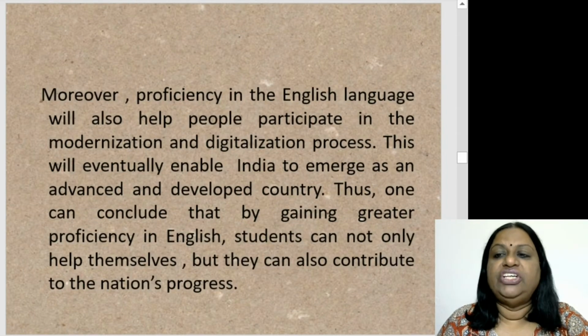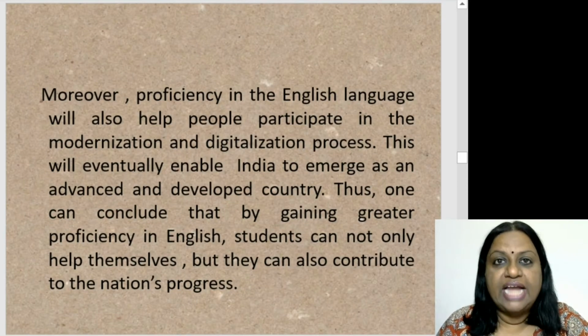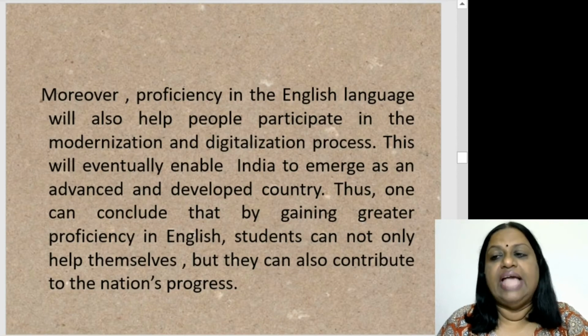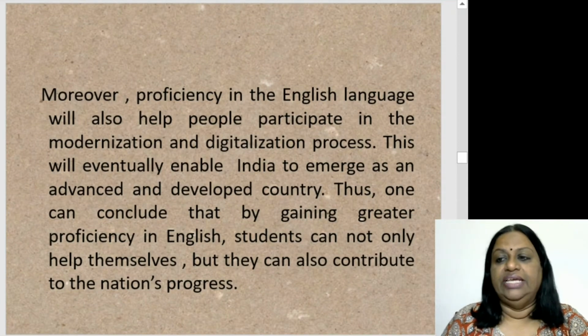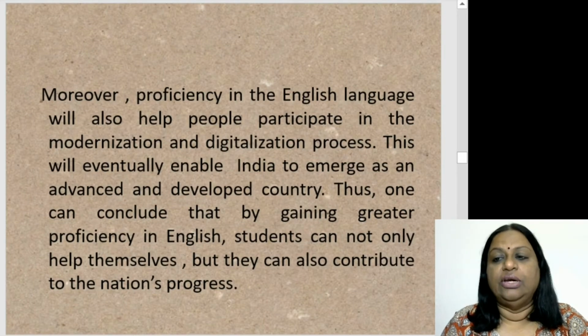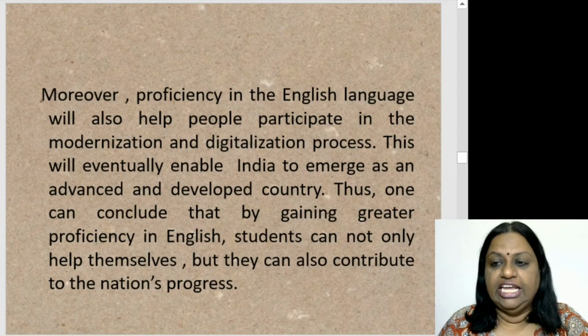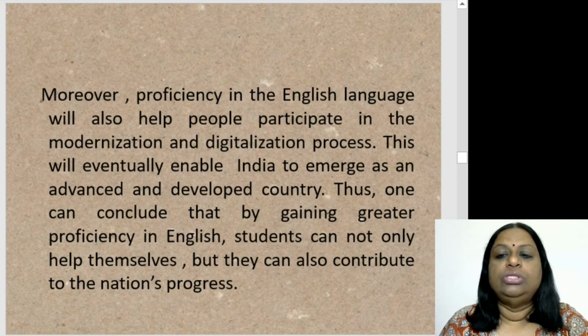Moreover, proficiency in the English language will also help people participate in the modernization and digitalization process. This will eventually enable India to emerge as an advanced and developed country. Thus, one can conclude that by gaining greater proficiency in English, students can not only help themselves but also contribute to the nation's progress.